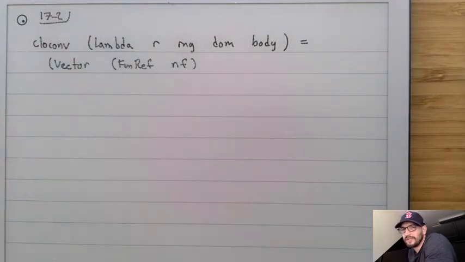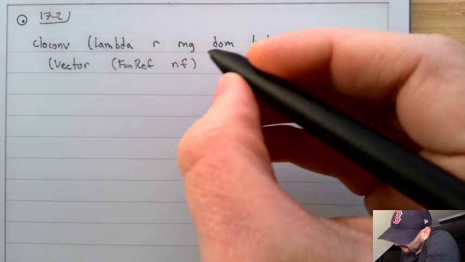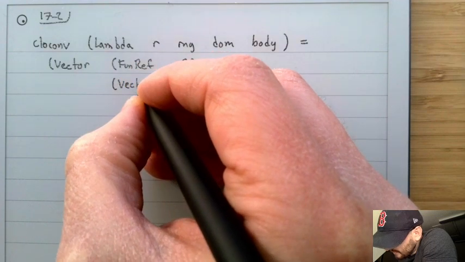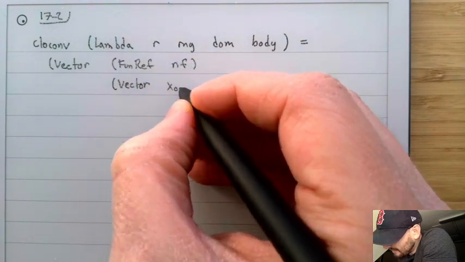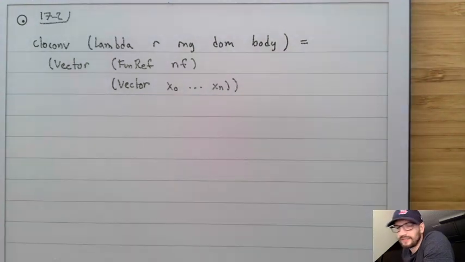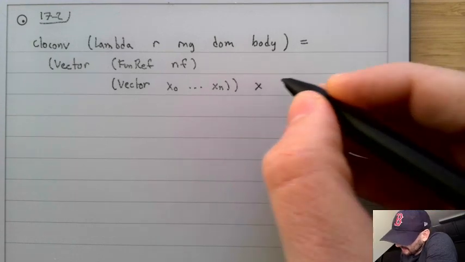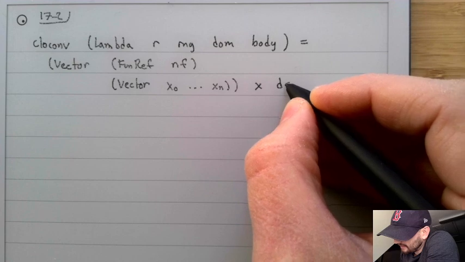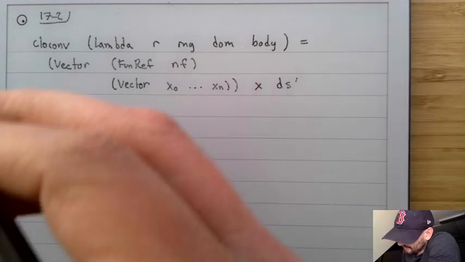And then what we need to do is we also need to have a vector where this vector contains x0 through xn. We'll close this vector right here. And then we need to combine this with the new definitions. We'll call this definitions prime.